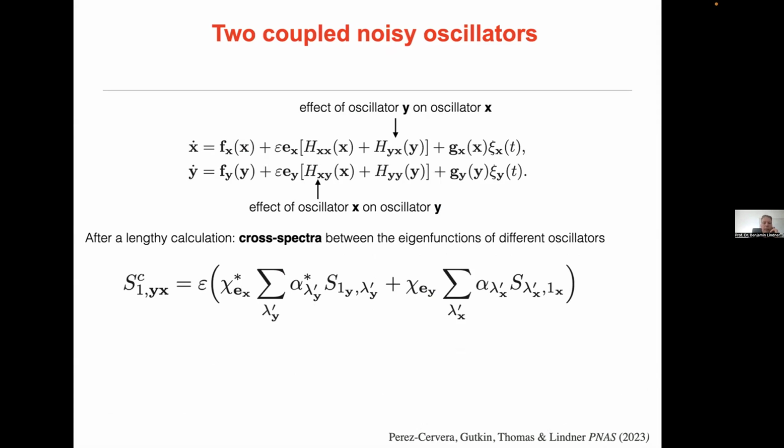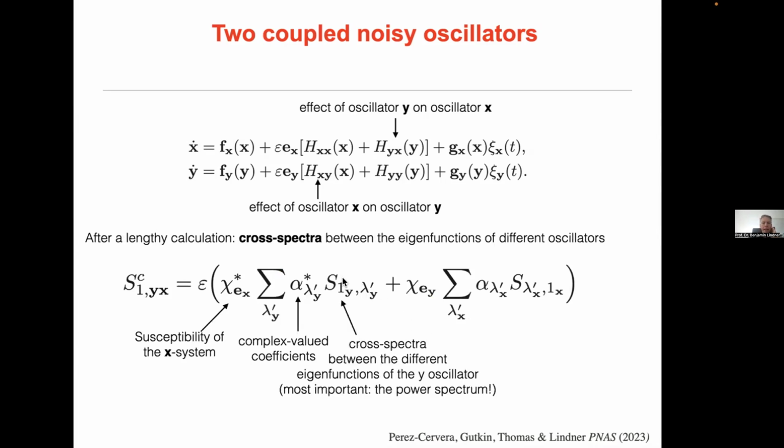It is given in terms of the susceptibility of one of the systems, this complex valued coefficient that I mentioned on the previous slide, and the cross spectra between the different eigenfunctions of the Y oscillator. That was the expression I showed you a couple of slides ago.